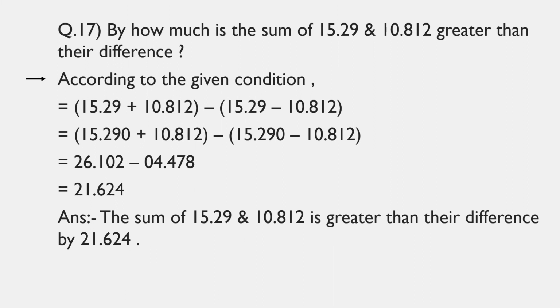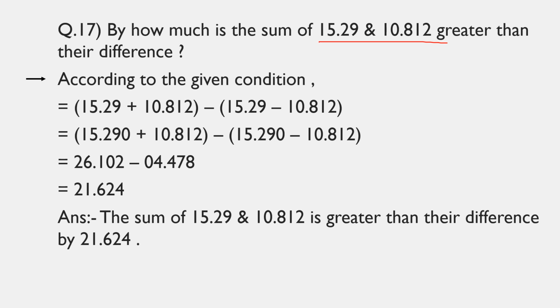Okay children, now we'll see question number 17, where how much the sum of 15.29 and 10.812 is greater than their difference. Okay, so that means you have to find the sum of these two numbers and the difference of the same numbers, and then you have to find out the difference between the sum and the difference of these numbers. Try to understand.